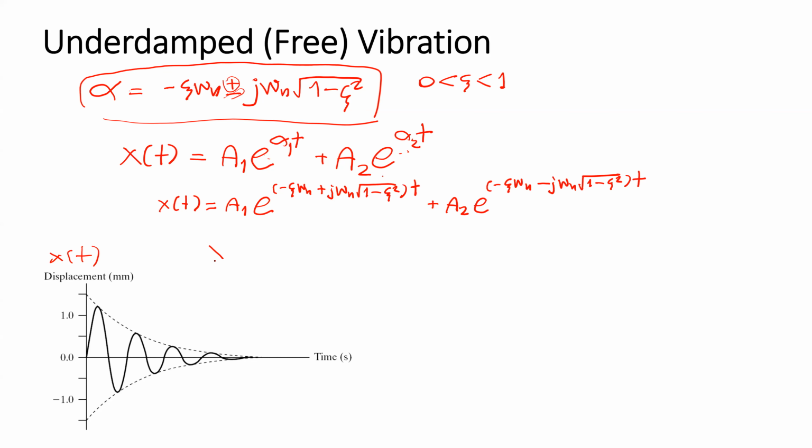We said that x of t, for the complex conjugate roots, can be written as one amplitude multiplied by the real exponential part and a sine function of the damped natural frequency and a phase angle phi.